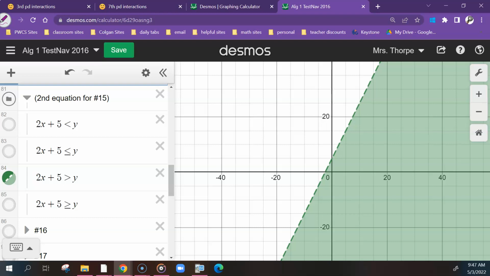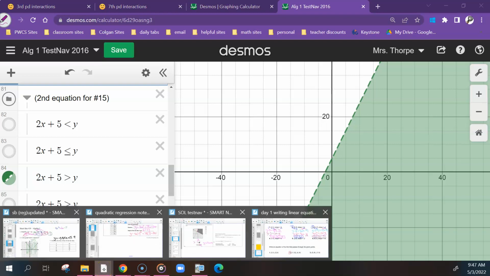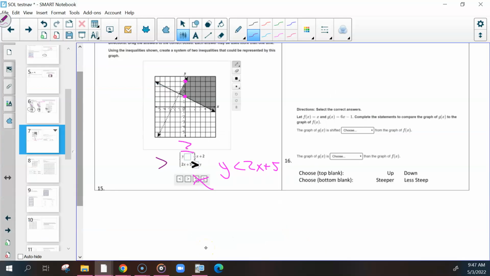Do we have any questions on 15? I'm going to go through the next few, but these will be the things that we're talking about in the next coming weeks. Linear transformations: 19, 20, 21, and 22 are some things we have already talked about.